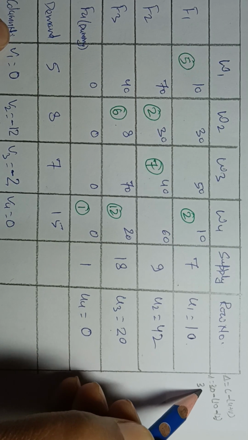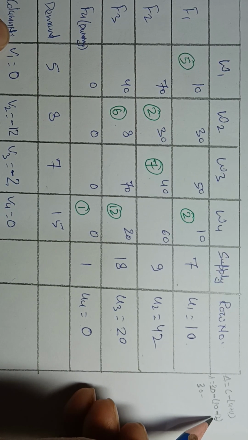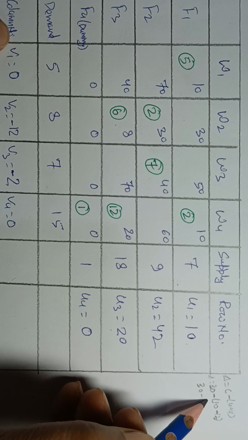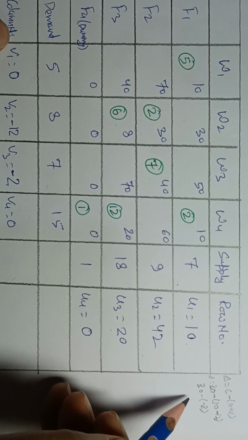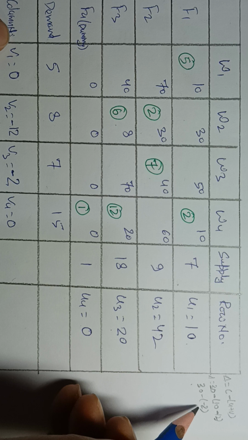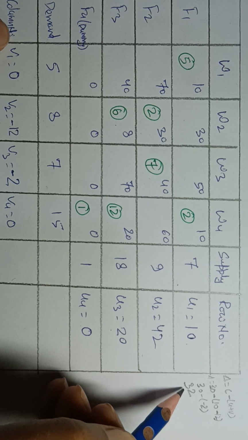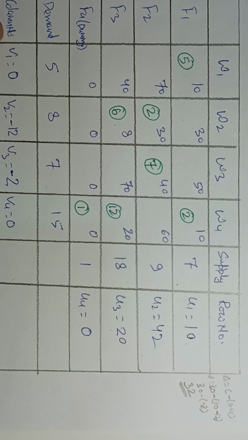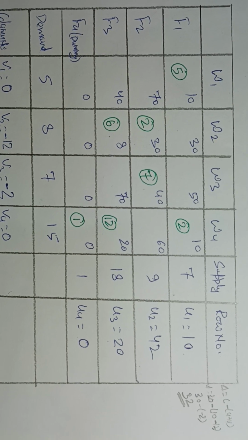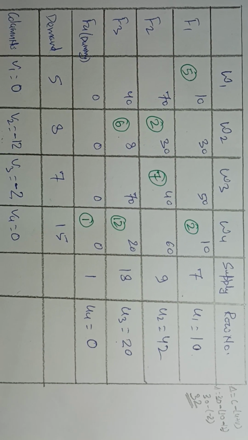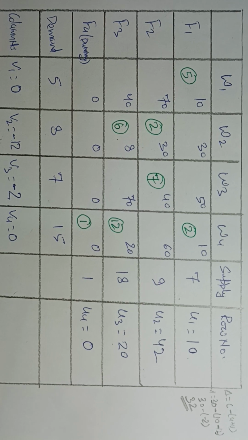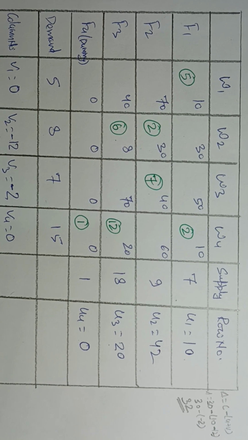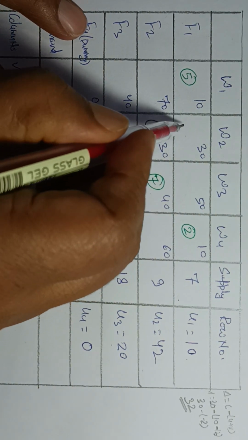So 30 minus 10 minus 12, that is minus 2. So this will become 30 minus minus 2, 32. In this way we follow to calculate the opportunity cost, and here the opportunity cost is 32.